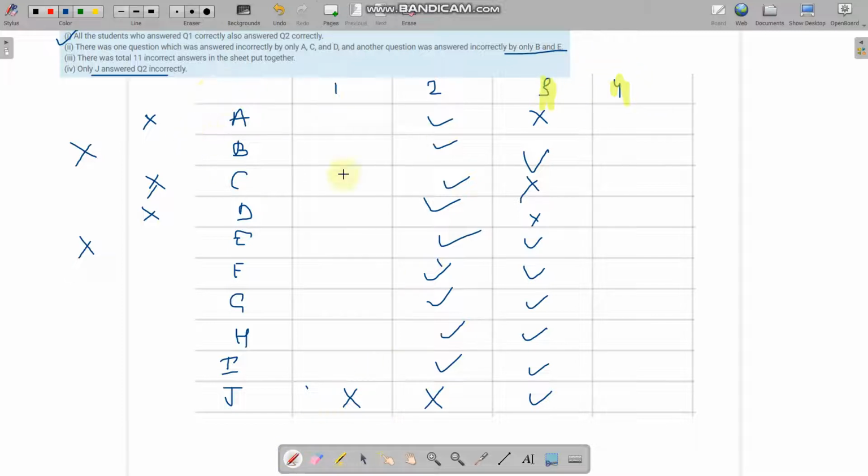We can't place A, C, D in the first one, because J is also incorrect there and the question says only A, C, D answered incorrectly. Same thing for B and E, where we can place either at 3rd or 4th. We are placing it at 4th, but again they may change. B is incorrect and E is incorrect. At first we can't place because we have J incorrect. The rest all are correct.